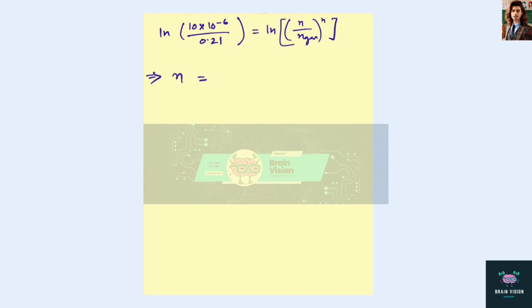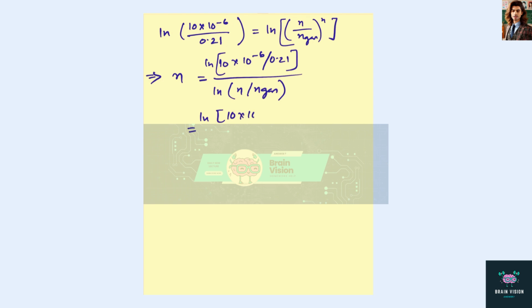Therefore n is equal to ln of 10 multiplied by 10 to the power minus 6 divided by 0.21, divided by ln of number of moles of air divided by number of moles of gas.